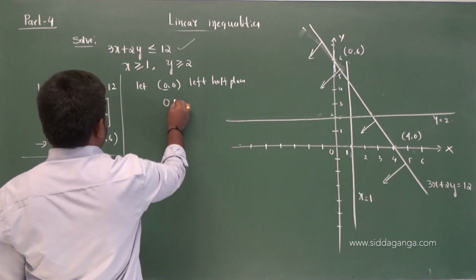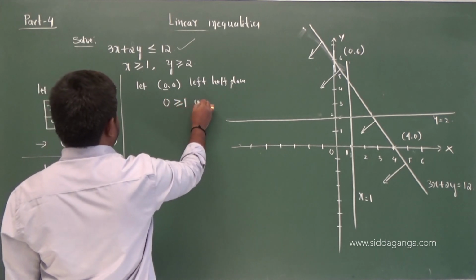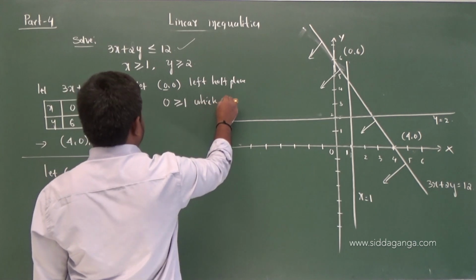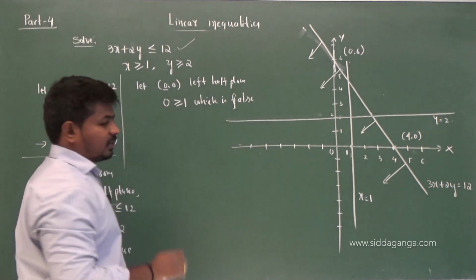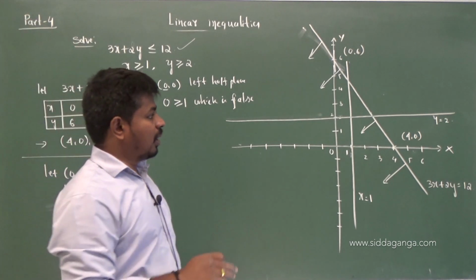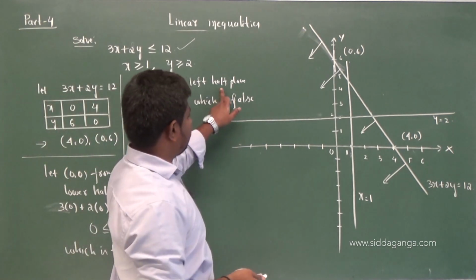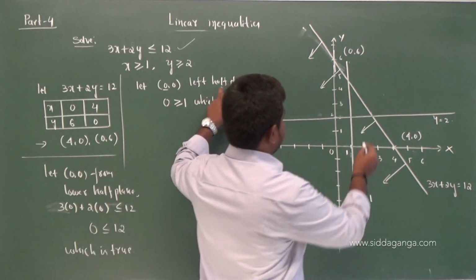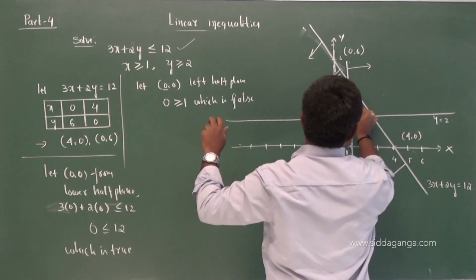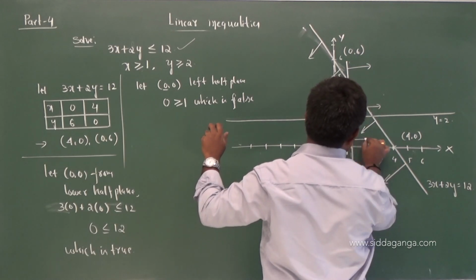So, 0 is greater than or equal to 1, which is false. So, your solution region is the opposite plane. You have taken the left half plane, so the solution region becomes the right half plane, to the right side of this line.